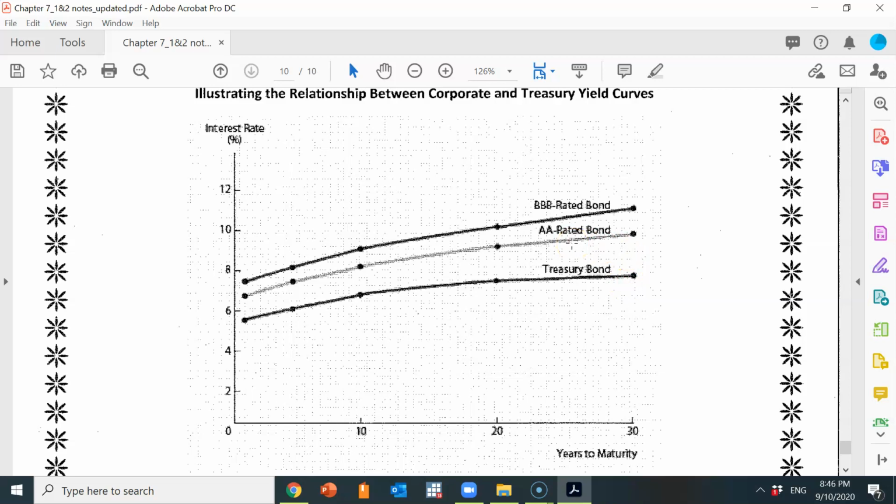The AA rated bond is riskier and has DRP and LP, so the rate of return is higher than the treasury bond. The BBB rated bond has the highest DRP and LP, the highest yield spread, and the highest interest rate because of the highest liquidity risk and default risk.